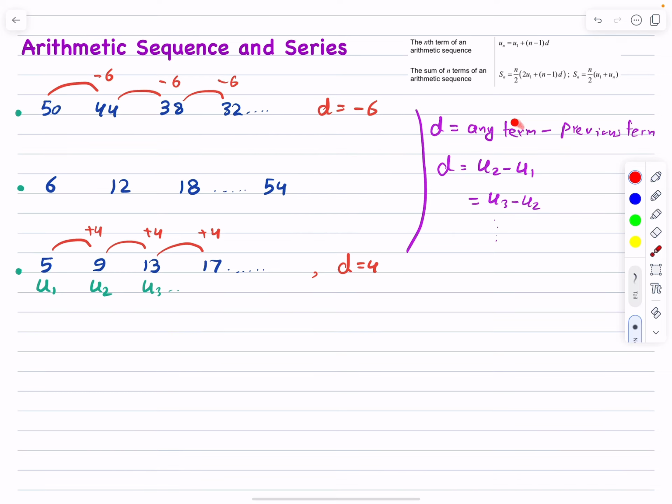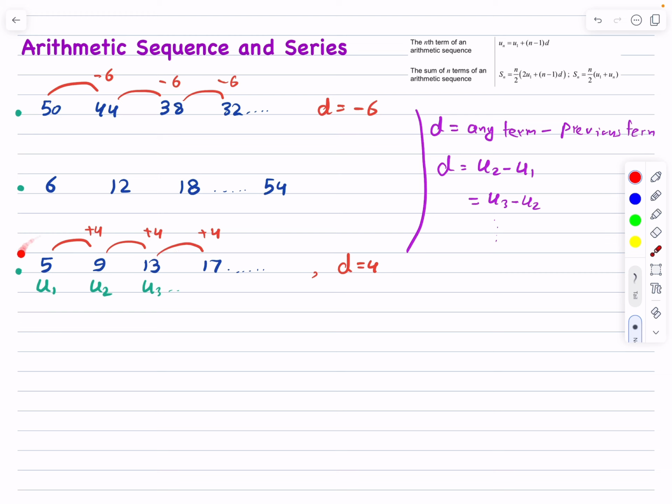This idea is very common in exam questions. For example, here, if we need to find D, it will be 44 minus 50, which is negative 6. Here, 32 minus 38 is also negative 6. Here, 17 minus 13 will be the common difference 4, and so on.